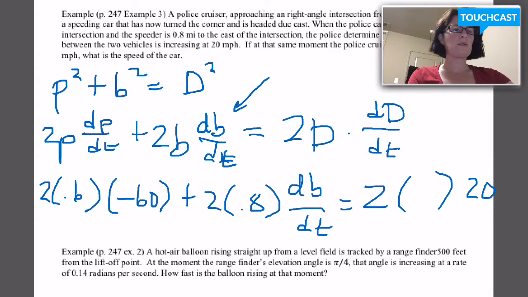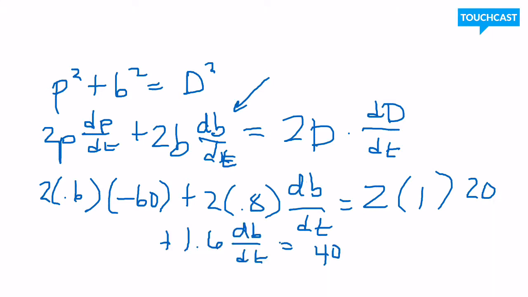So I'm going to plug that 1 in here and simplify both sides. So I get negative 72 plus 1.6 dB/dt equals 40. I'm going to add 72 to both sides. So 1.6 times, I'm just going to call it B prime for a second, equals 40 plus 72, 112.